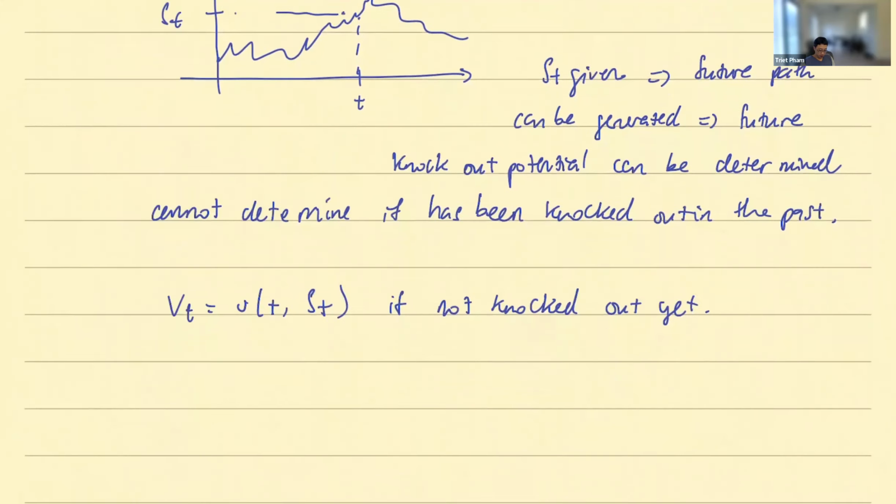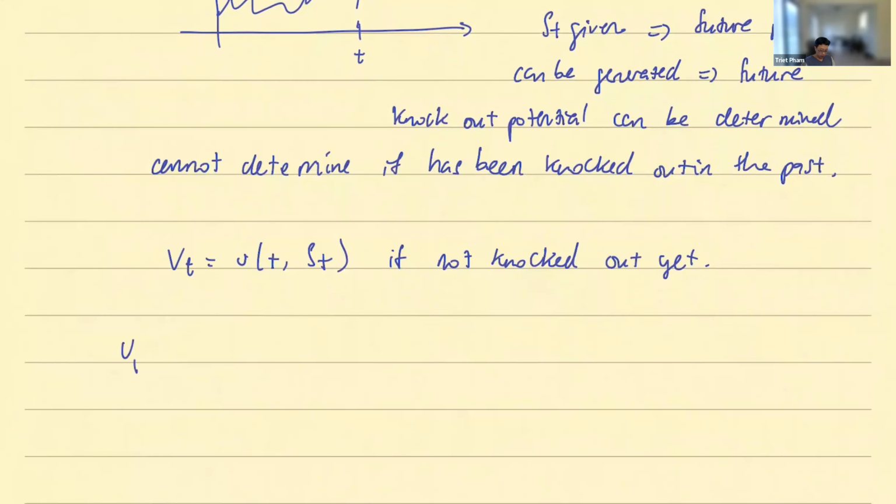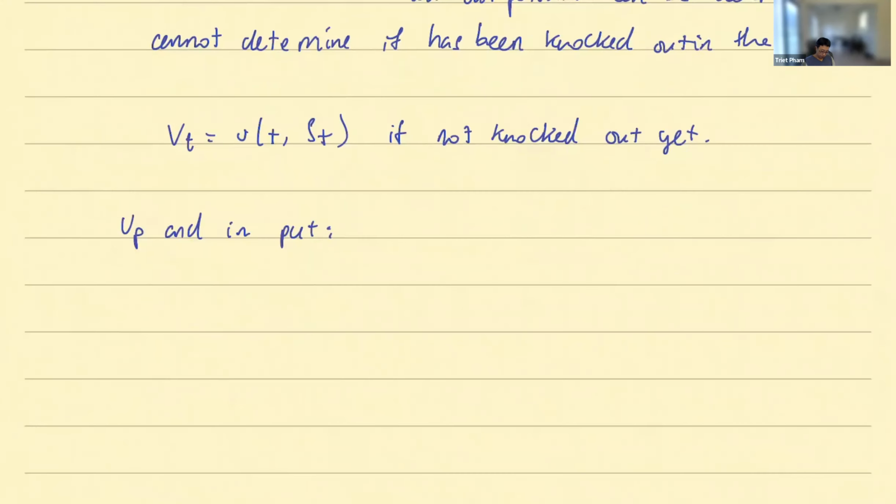And for this reason, for example, if you look at something like up and in, if you are at the current time t, and you're given ST, it's hard to tell what option value it is.